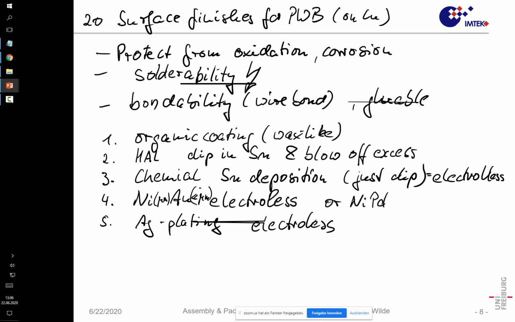On this wax, we can only solder. On the hot air leveling, we can only solder. On the chemical tin, we can only solder. On the nickel gold, we can glue, solder, wire bond.